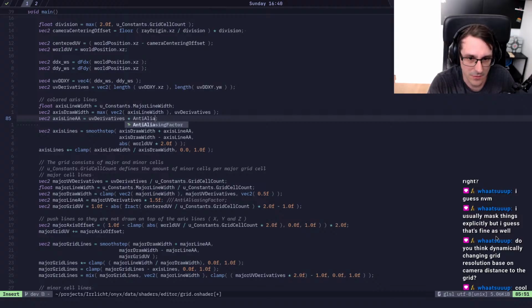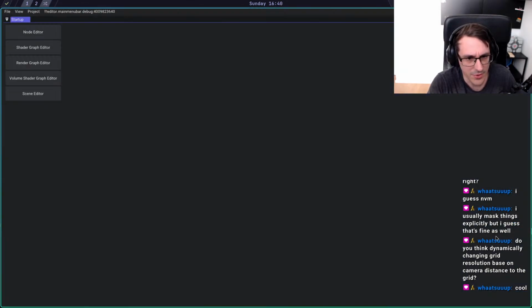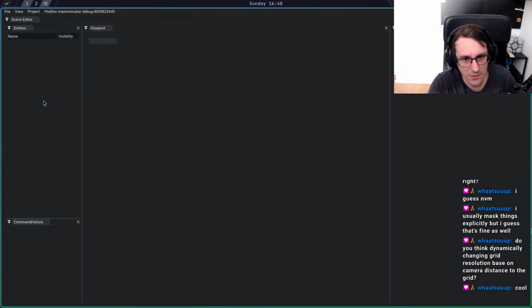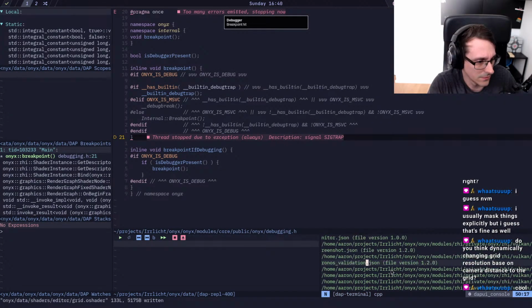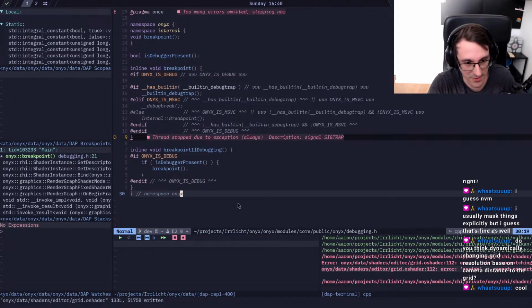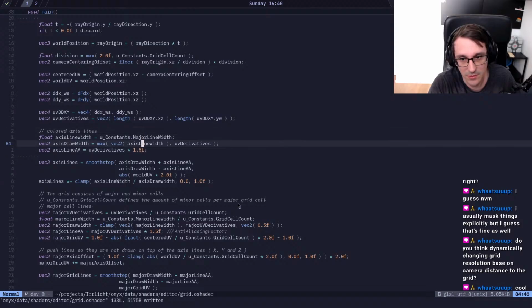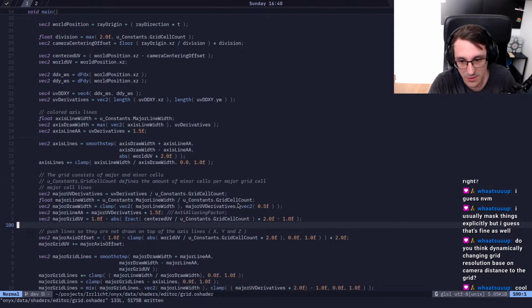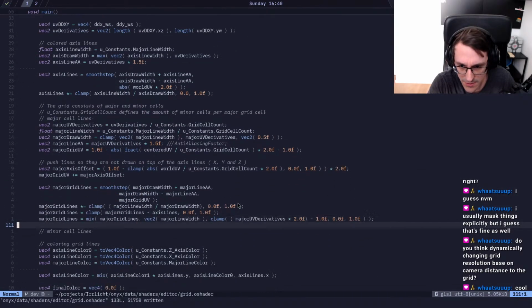I mean, I don't know, that was something of a const float, so let's see if it was that, but that would be kind of weird. Yeah, it's not that. 112, the problem is that my shader numbers are wrong. So 112 would be here, but it's probably not that, right?